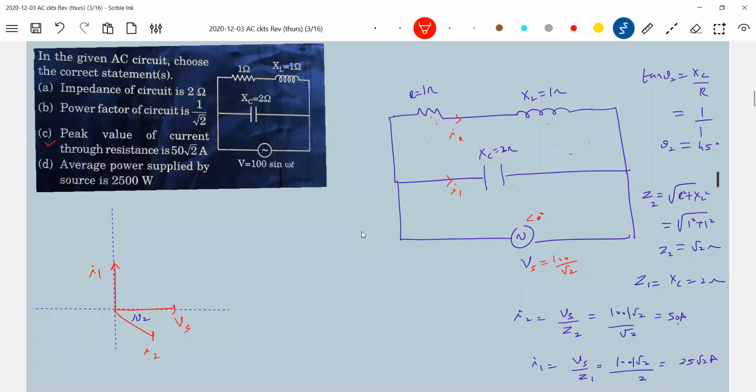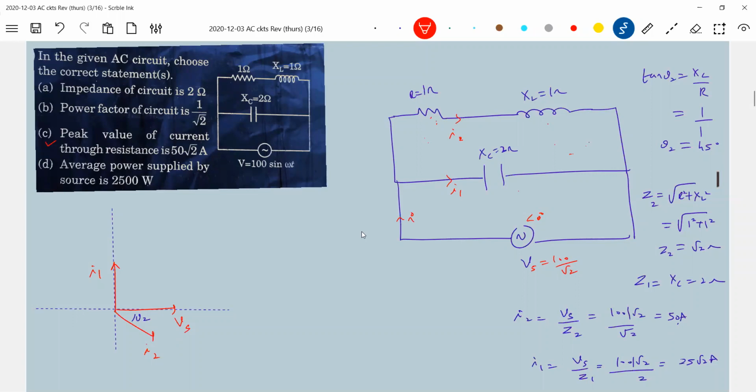Then the impedance of the circuit is being asked. Let's not go into anything else. I'll calculate the total current. How do we calculate the resultant current from I1 and I2?